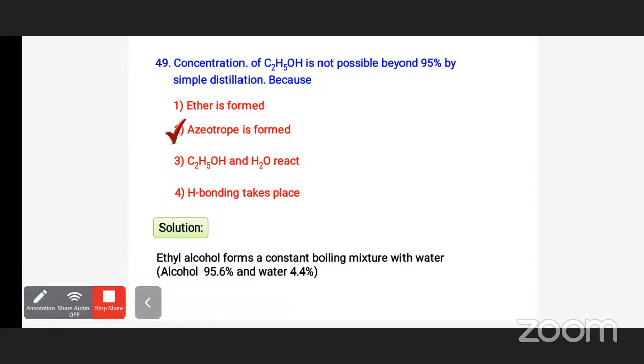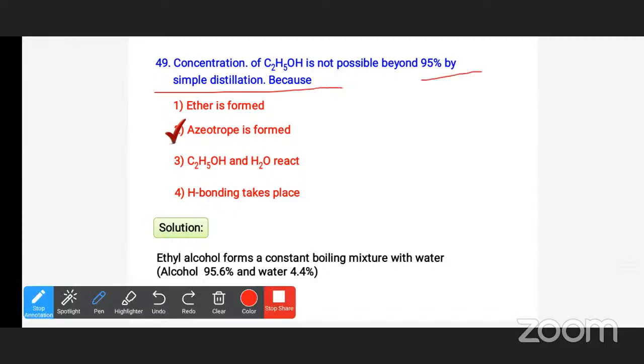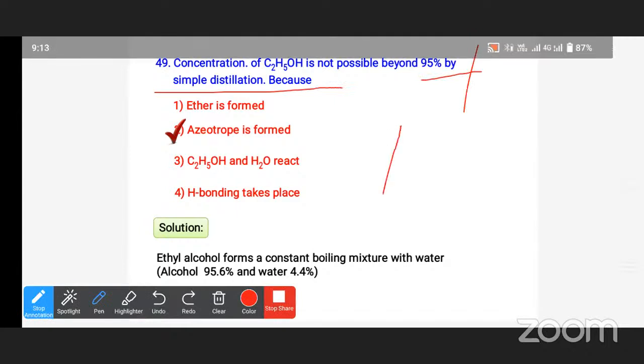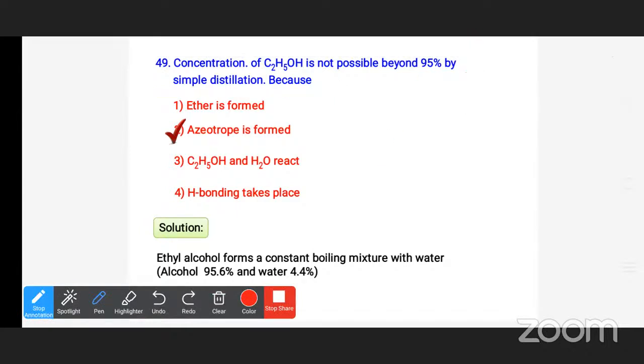C2H5OH and H2O react, hydrogen bonding takes place. Ethyl alcohol forms a constant boiling mixture with water, 95.6% alcohol and 4.4% water.